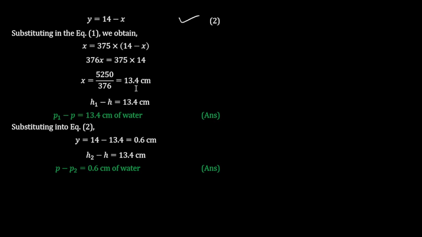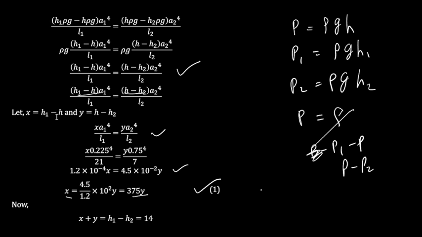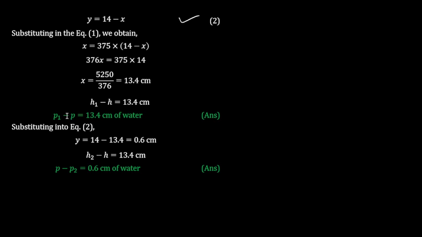But x is simply h1 minus h, which corresponds to P1 minus P, the pressure difference across the first tube. So P1 minus P is 13.4 centimeter of water or mercury, whatever liquid is used for pressure measurement.